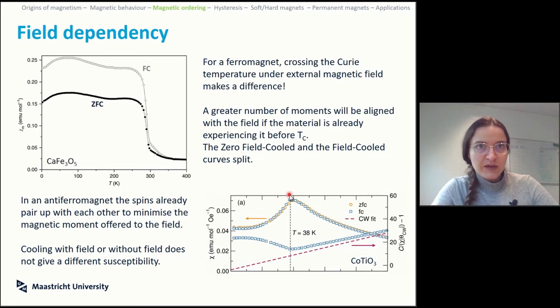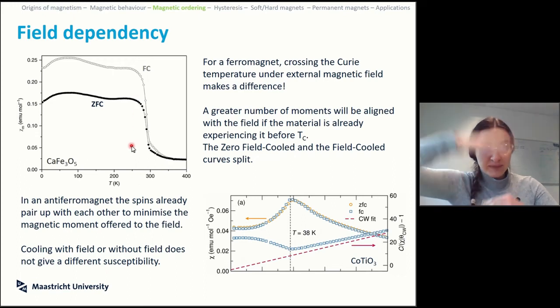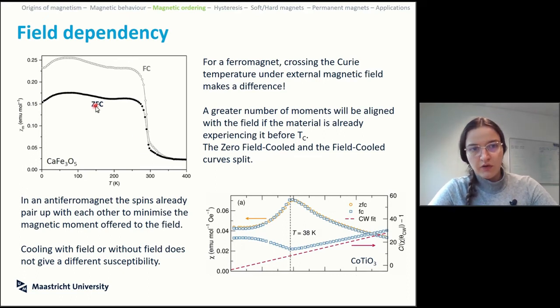For an antiferromagnet, you expect that the susceptibility will drop under the temperature of ordering and will be overlapping when you try to put field on. For a ferromagnet, the susceptibility rises below the temperature of ordering, and it can be further increased, so you will have a split of the two curves if you cool in zero field or with field.